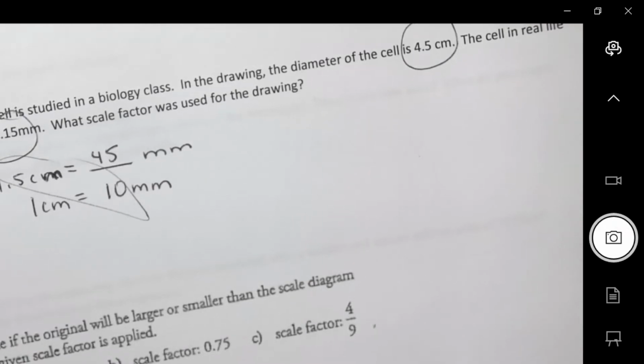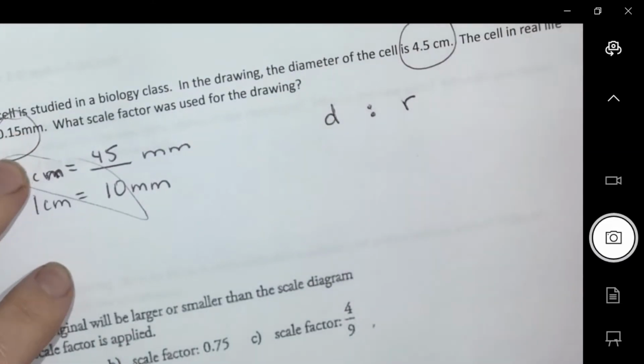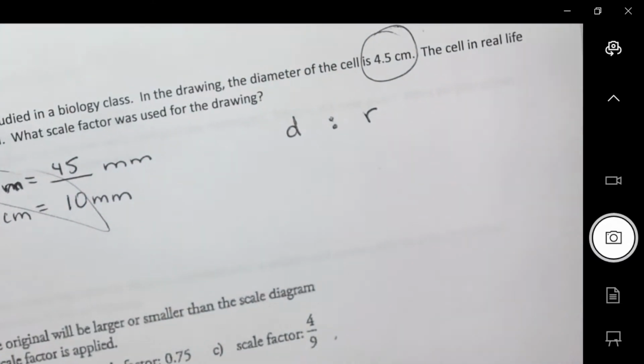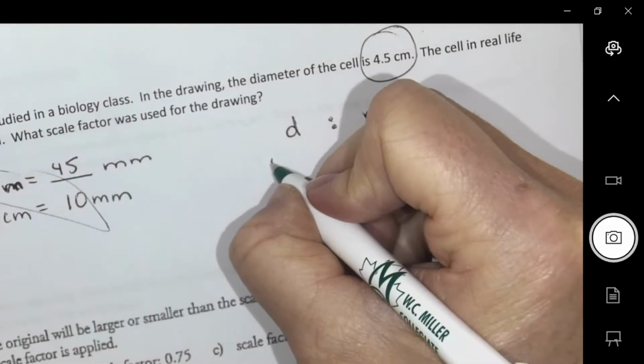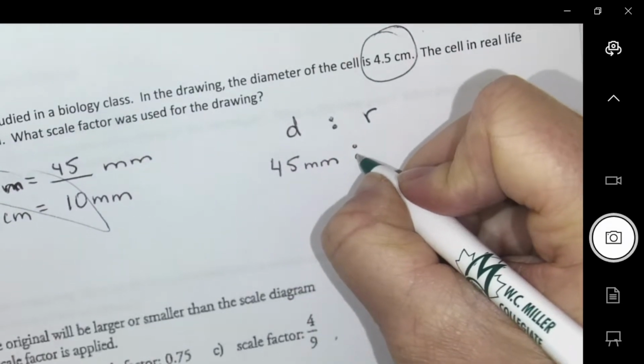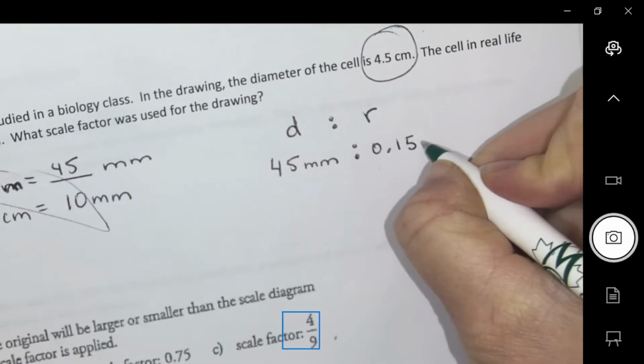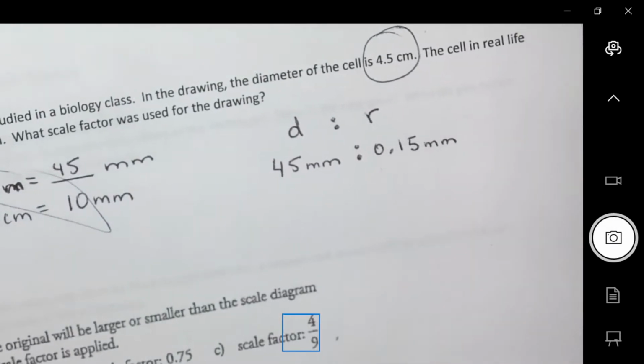Okay, now we're going to go diagram to real life. So which number was on the diagram? 45 millimeters was on the diagram, but in real life, it was that.